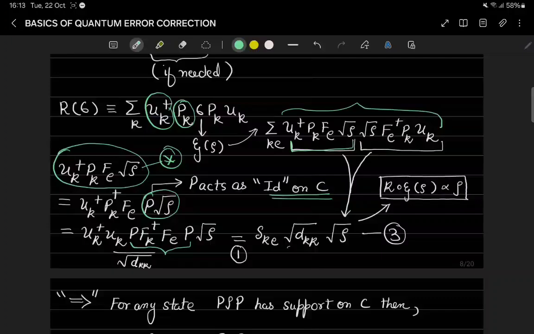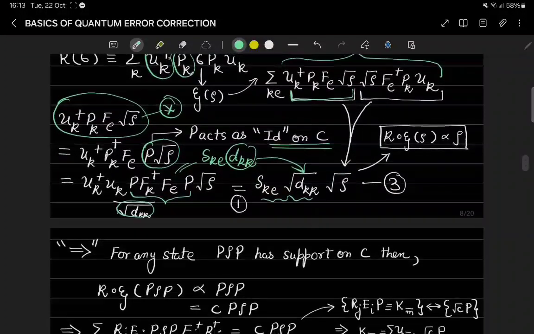We can write it as d_kk times delta_kl because of the diagonal elements, and this is what we get. So what happens to the denominator is that it cancels out. So this is equal to delta_kl times d_kk, and the denominator has a square root, so this becomes a square root here. So one of the roots cancels out.